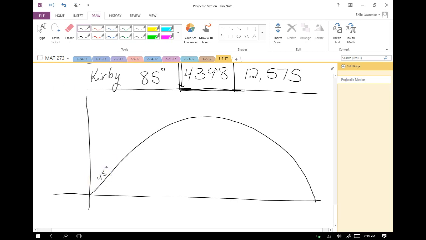And then we can start changing the velocities and see what that does. But if we do it at a higher angle, it'll go higher, but it will land sooner. Less range, more height.